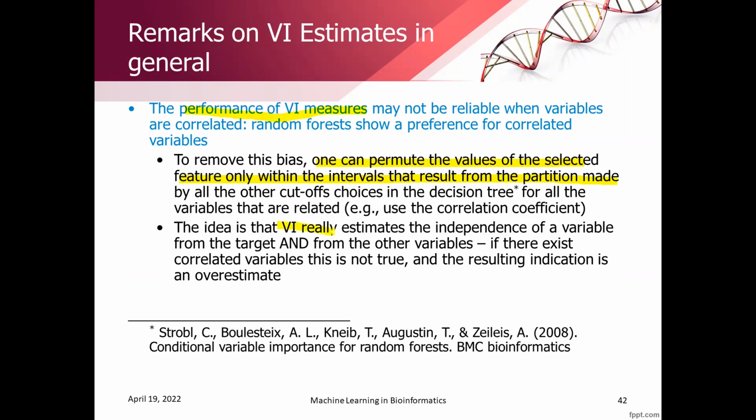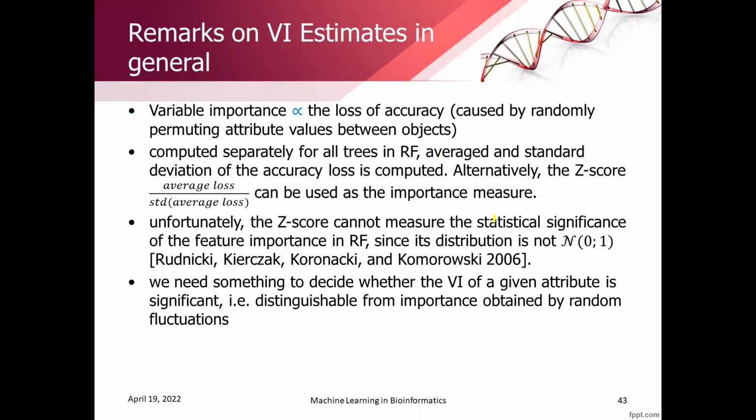So variable importance then really estimates the independence of a variable from the target and the other variables, not only the target. The variable importance is proportional to the loss of accuracy when we permute the values of the attribute.